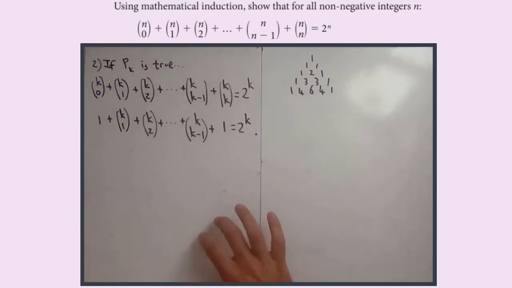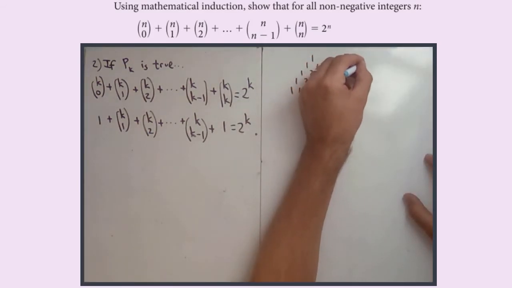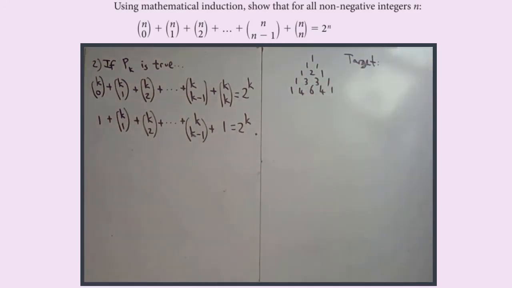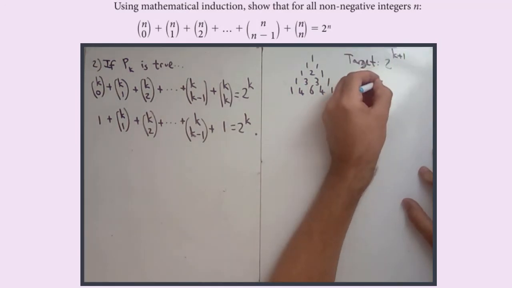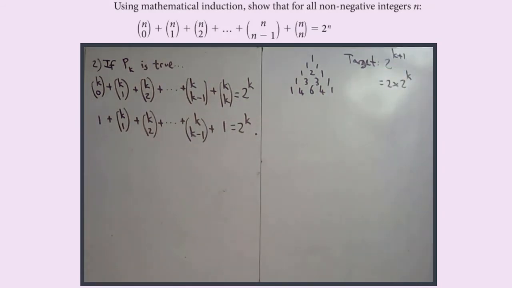It's not necessarily important for formalizing and presenting the proof, but it's certainly important for me to show you. We also need to know what our target is. The target for P(k plus 1) is 2 to the k plus 1, which remember is 2 times 2 to the k. We see this a lot, right?